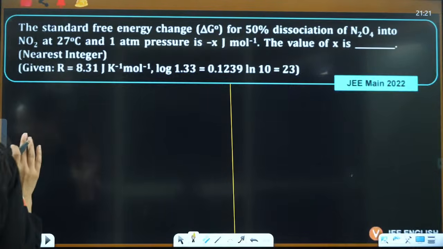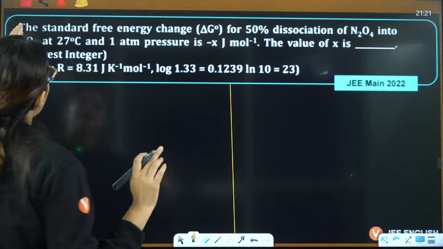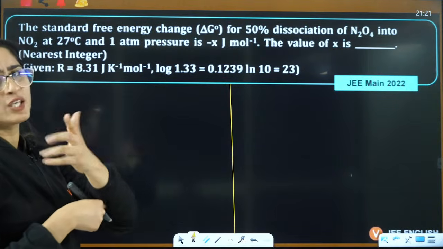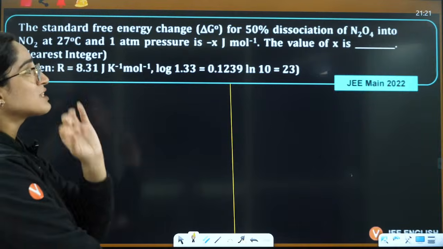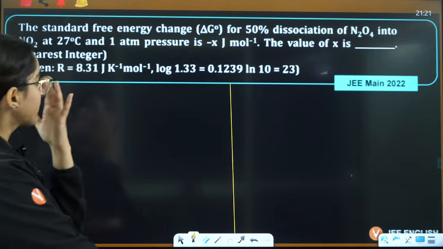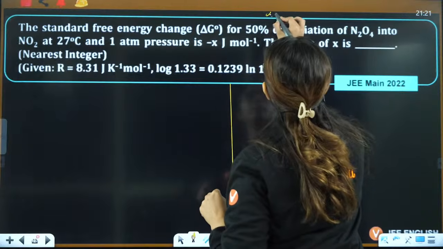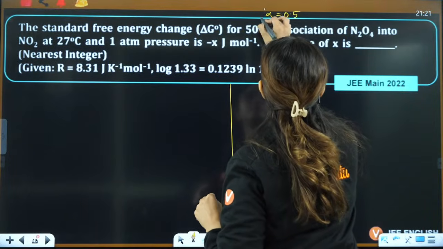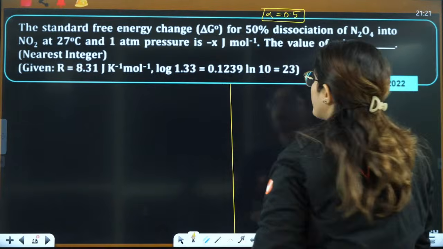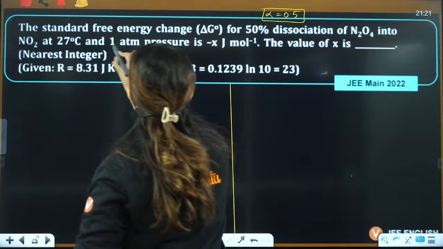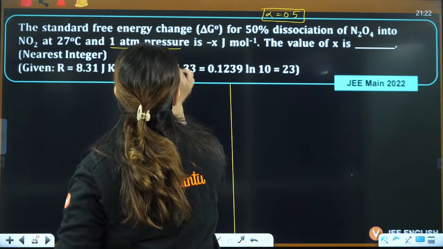So let's see what they are asking. If you calculate the value of Kc, you can calculate free energy change. So let's focus on Kc or Kp. 50% dissociation means alpha is given to be 0.5. The atmospheric pressure, that means total pressure, is given to be 1.